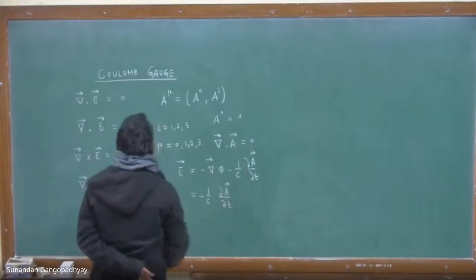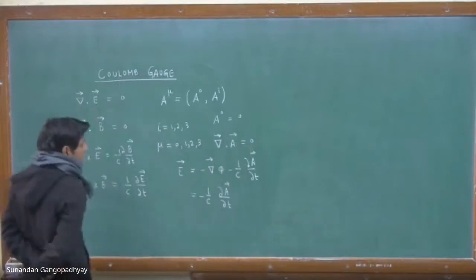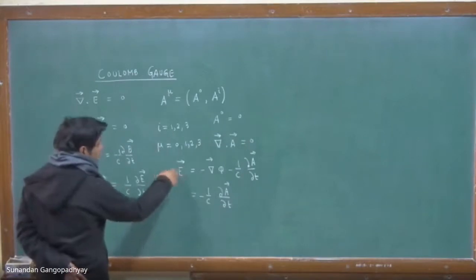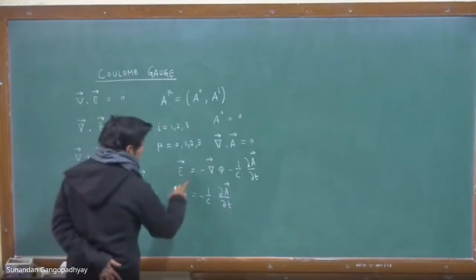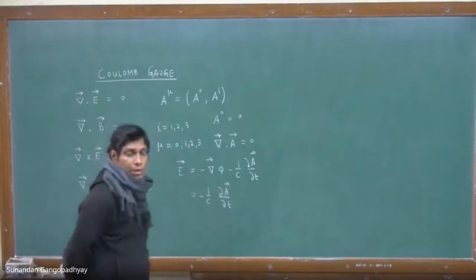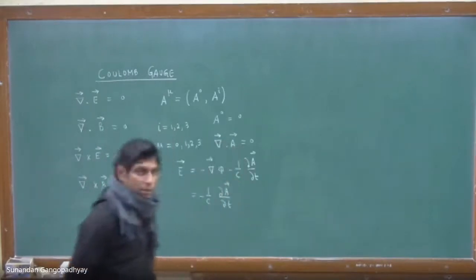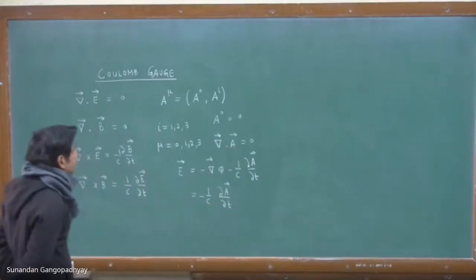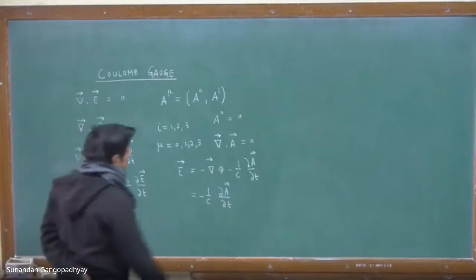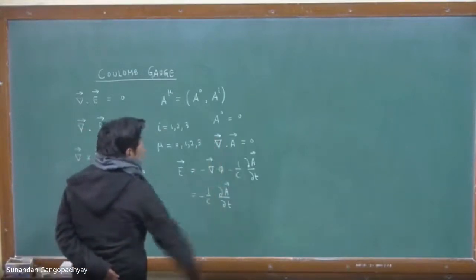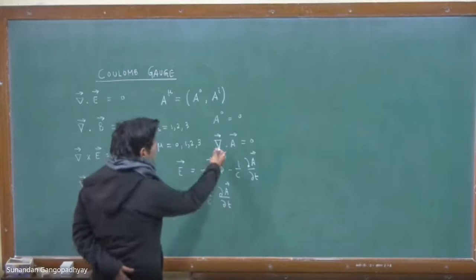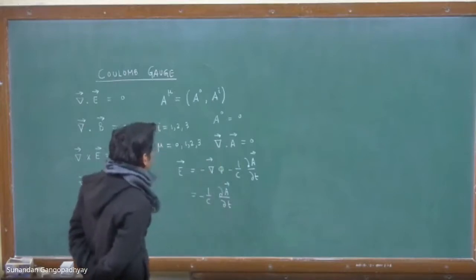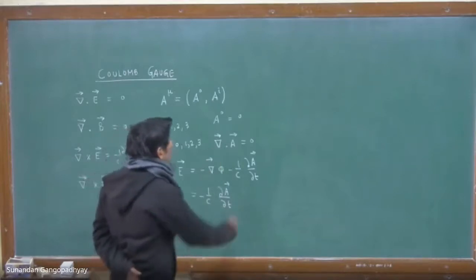This is consistent with the fact that divergence of E is equal to 0, because if I take a divergence of E, this must be 0, and this tells you that divergence of A should be equal to 0, which is nothing but the Coulomb gauge. So this tells you why one can take this gauge in the first place. So we shall work in this gauge.